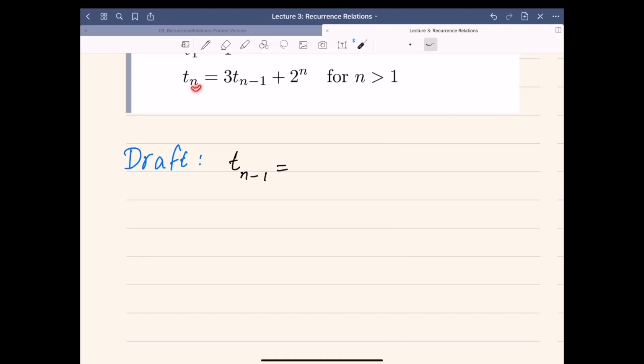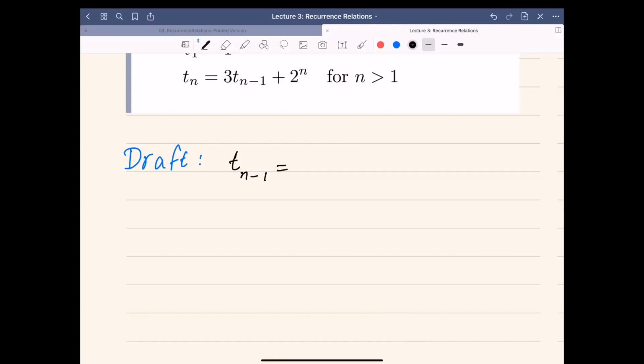The relation between these two is that the second one will be decremented by 1. And also see the power: if this is n, then we have the power n; if this is n minus 1, then the power will also be n minus 1. By observing this information, it will be easy for you to find Tn minus 1 rather than going back and forth on the equation to find the corresponding value for each Tn of the recurrence relation.